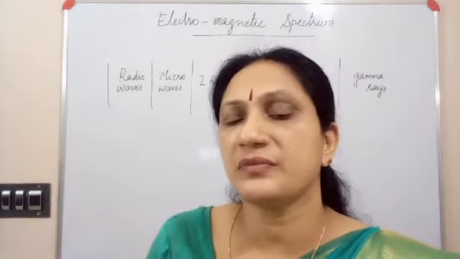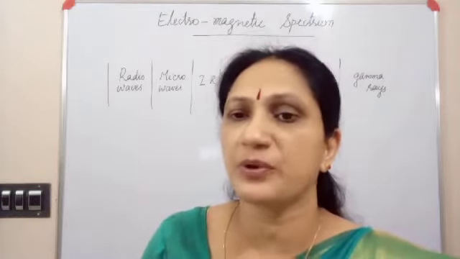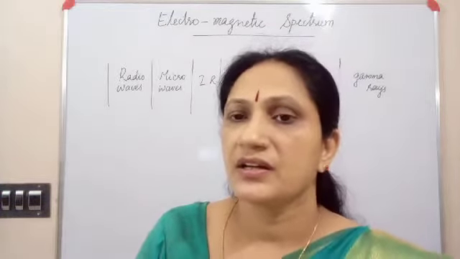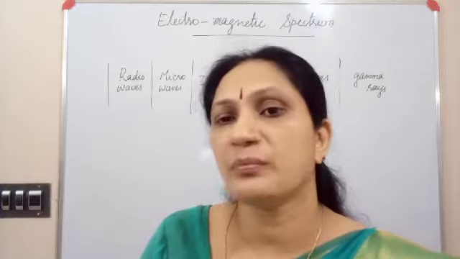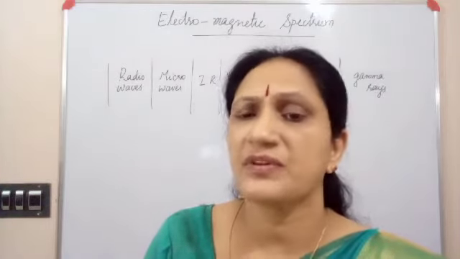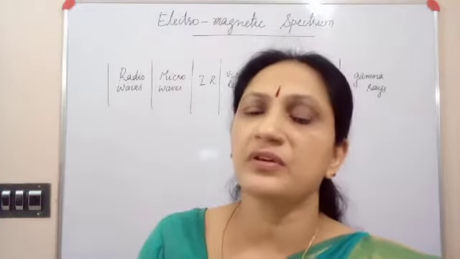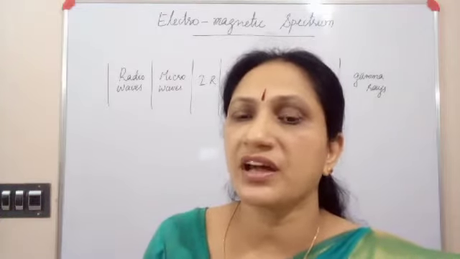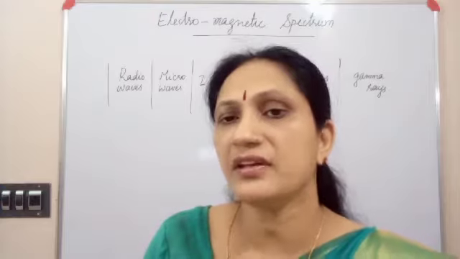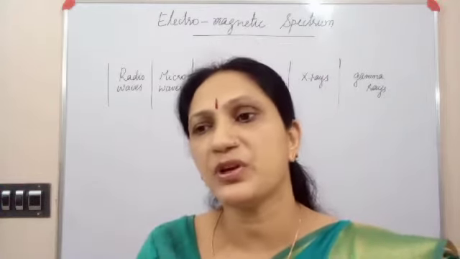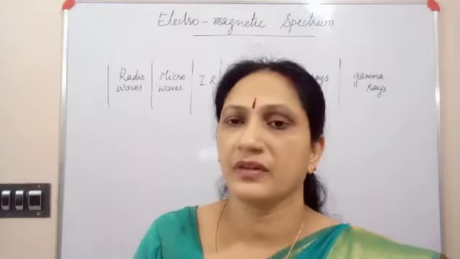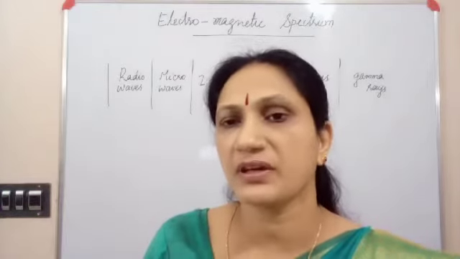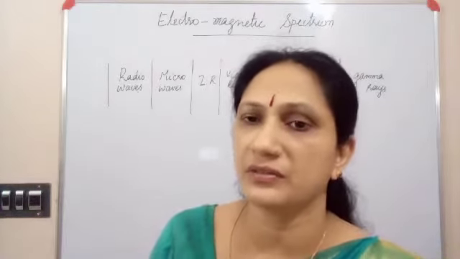This electric and magnetic field produced by an accelerated electric charge makes an electromagnetic wave. So an electromagnetic wave is a combination of electric and magnetic fields, and these two fields are perpendicular to each other. These are the two classifications of waves: mechanical waves and electromagnetic waves.